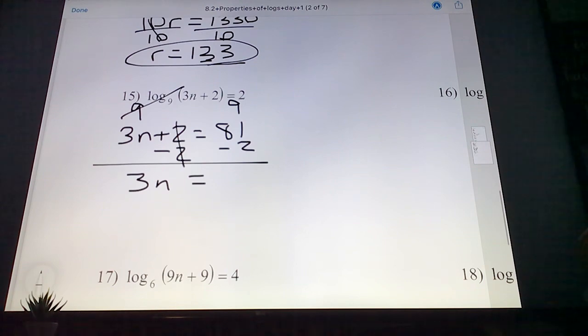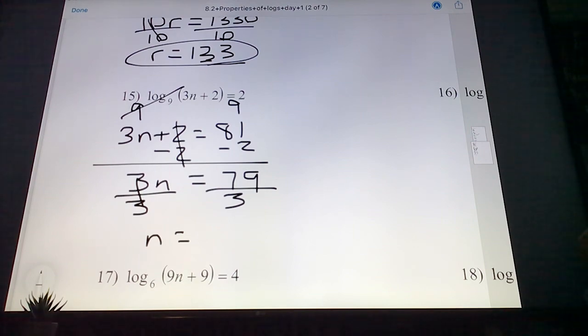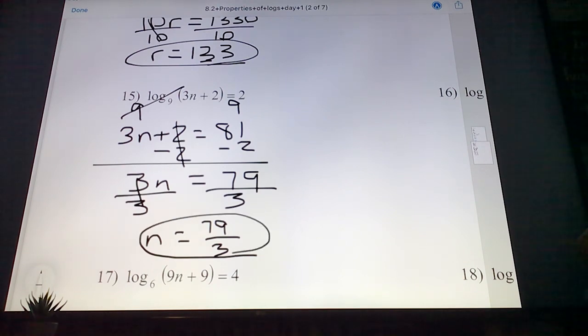So I got 3n equals 79. And then you're going to divide by 3. Okay, and so we're going to get n equals, and it'll give you a decimal of 26.333 repeating, so we're going to leave that in the simplified fraction form, which is still 79 over 3.